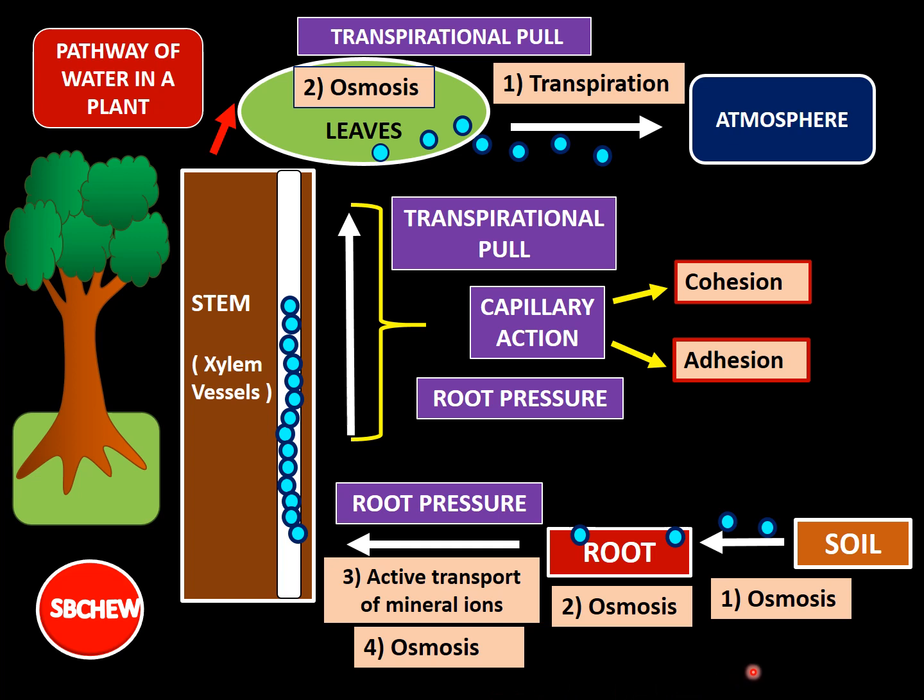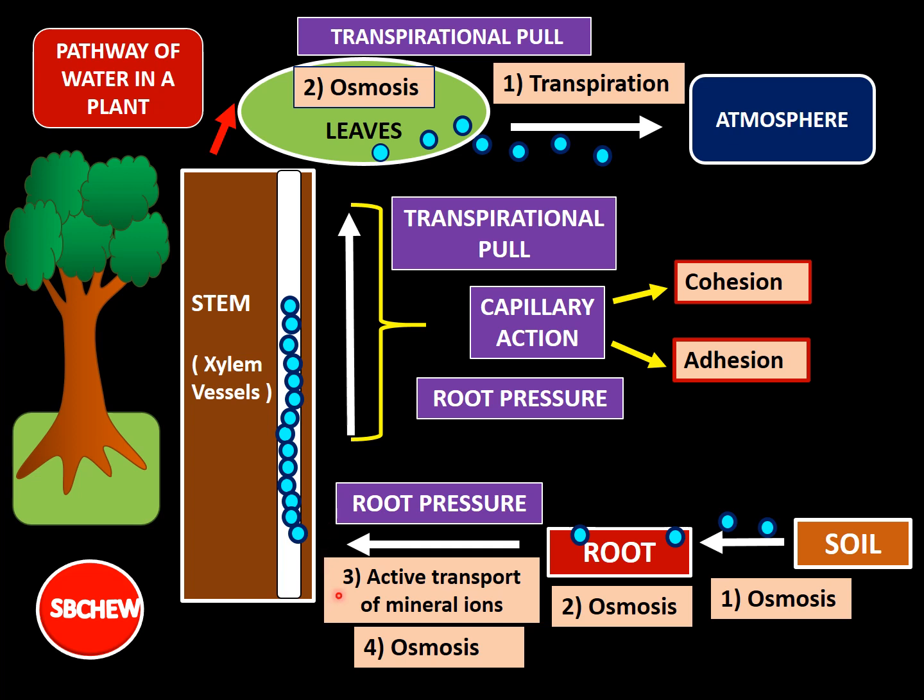We can divide our answer into 4 parts according to the 4 stages for the movement of water. First, the water will move from the soil to the root by osmosis. So we have to explain that process. And then from the root to the xylem vessels in the stem, root pressure is involved. We have to explain how it occurs.